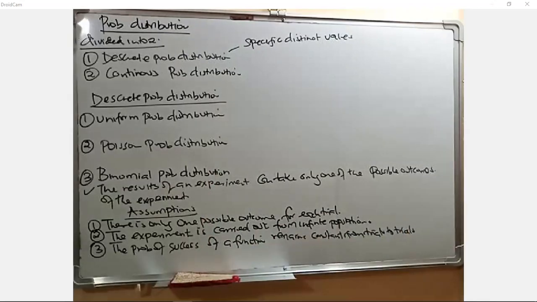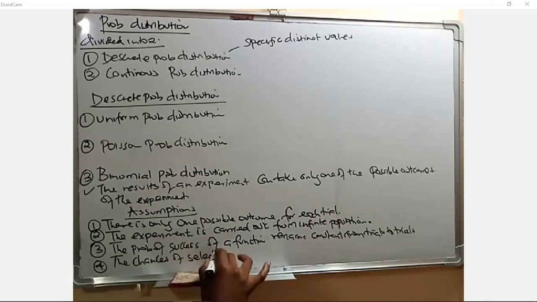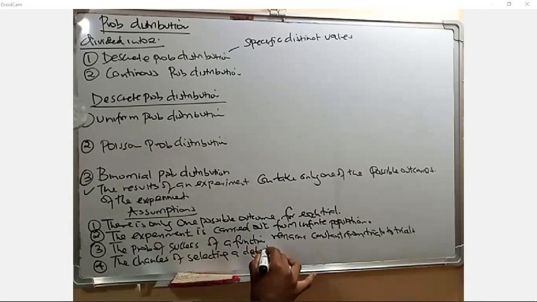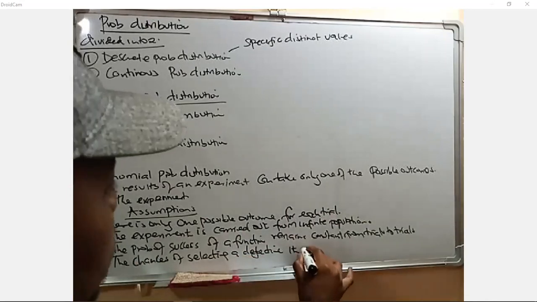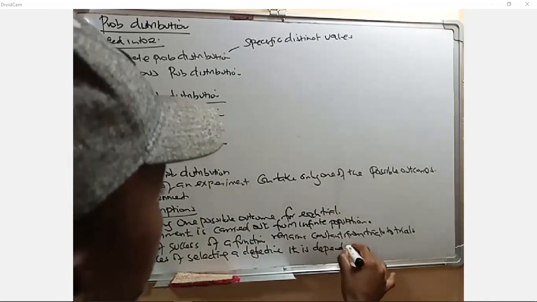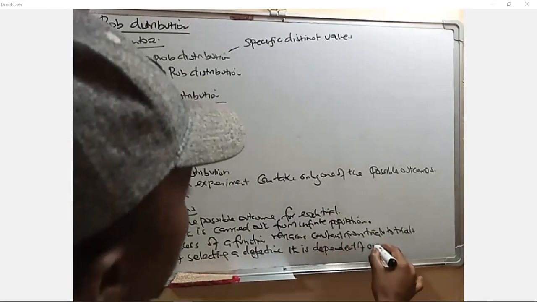Then number 4, which is very important, we say the chances of selecting a defective item are independent of one another.